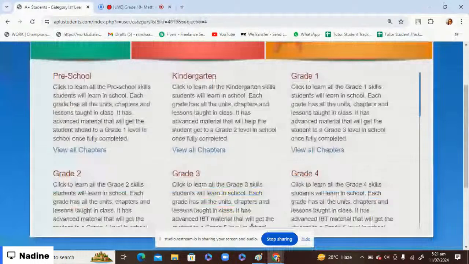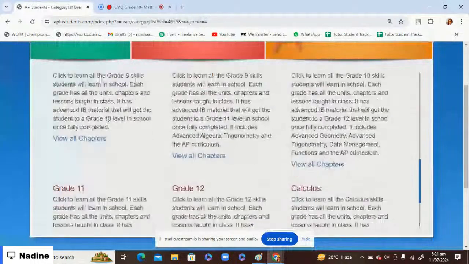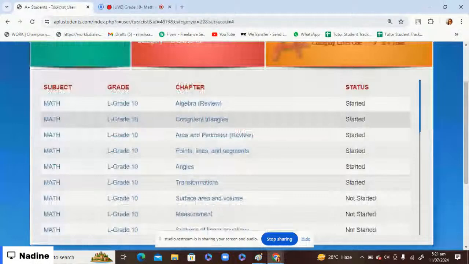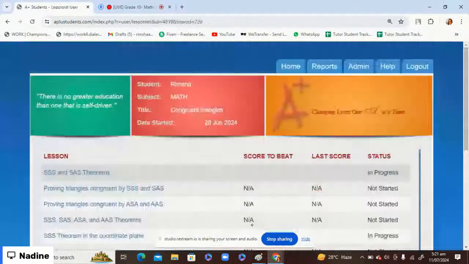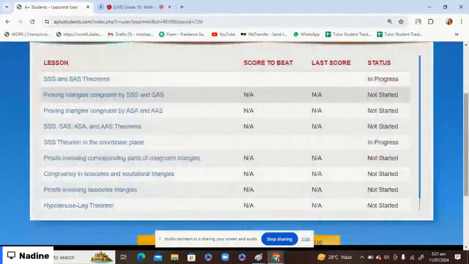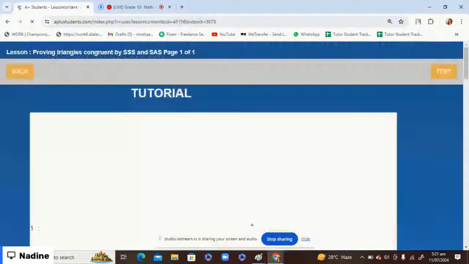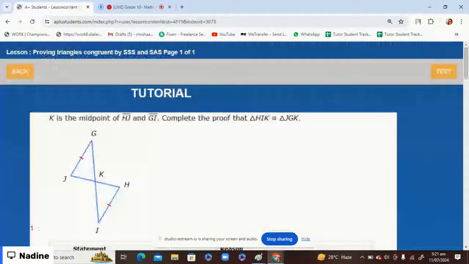Wait, grade 10, second chapter we are doing. Yeah, and second lesson. So, proving triangles congruent by side, side, side, and side angle side.